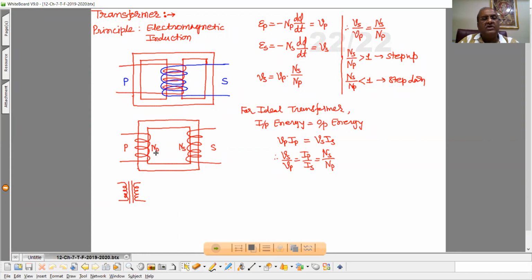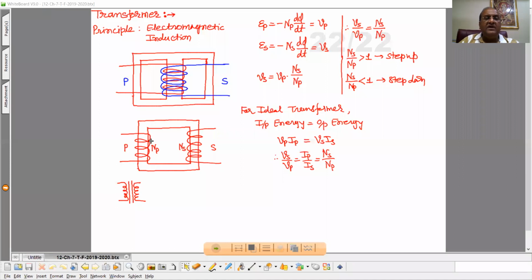Then we can write the total flux associated with this primary coil is Np into phi. But if the supply given is continuously changing, means AC supply, then the flux associated with this primary coil is also changing. So across the primary coil, the EMF is minus Np d phi by dt, that is also represented as Vp.